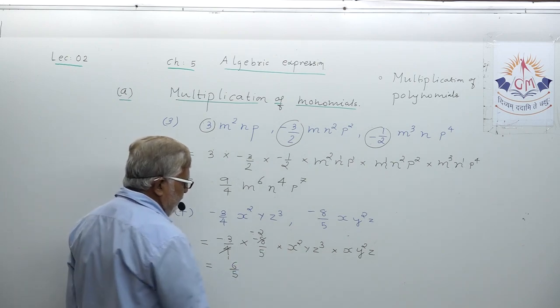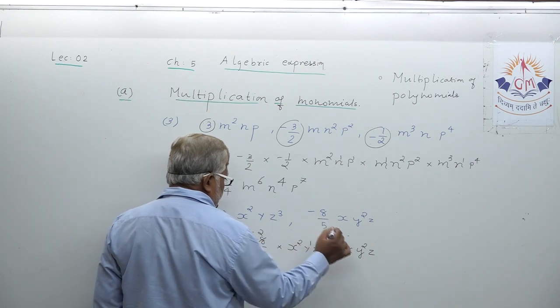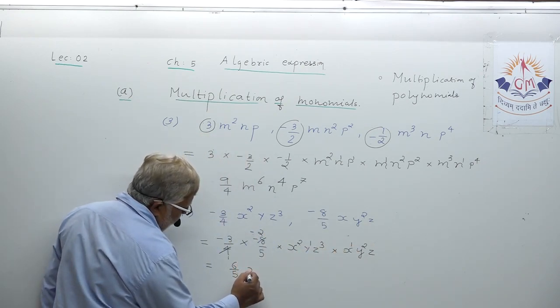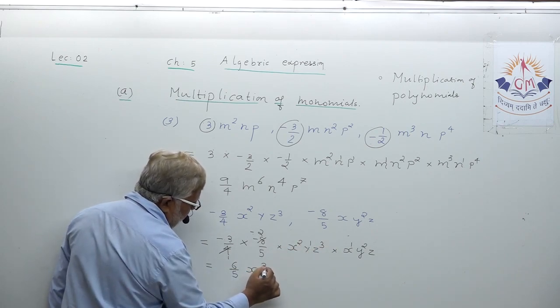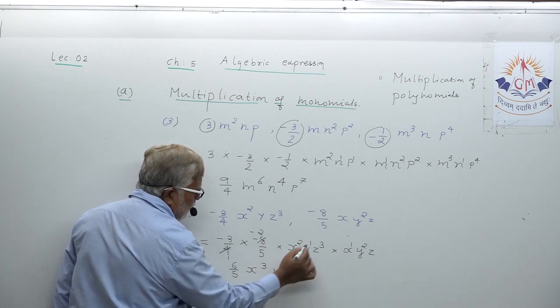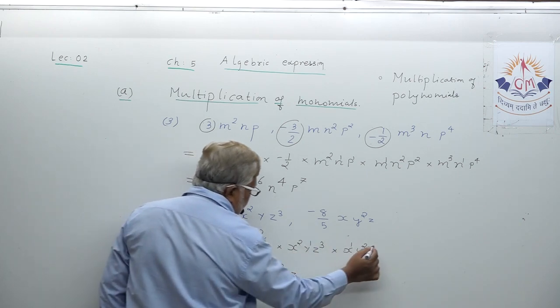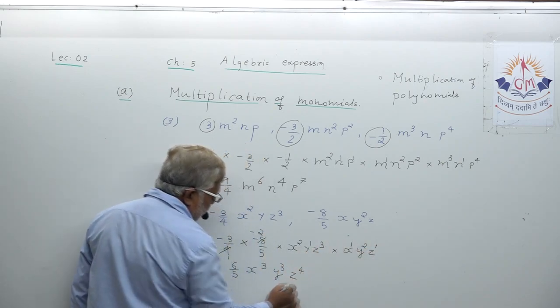Now target the variables. No power of the variable here, so 1, here also 1. So what can you write about x? 2 plus 1, that is 3. Y, 1 plus 2, that is 3. Here no power of z, so 3 plus 1, that is 4.